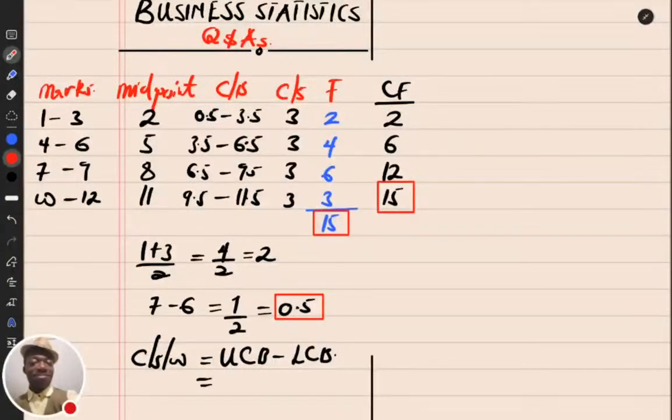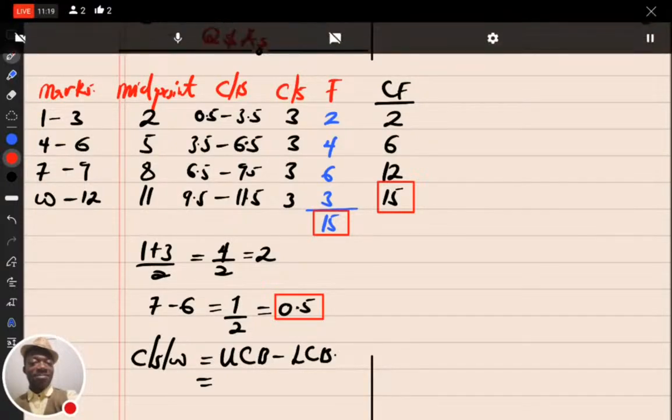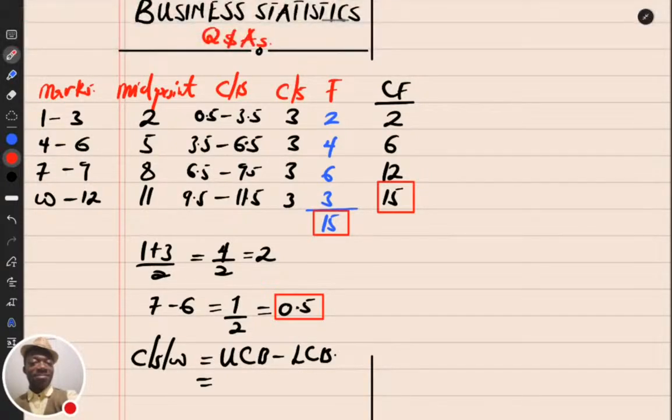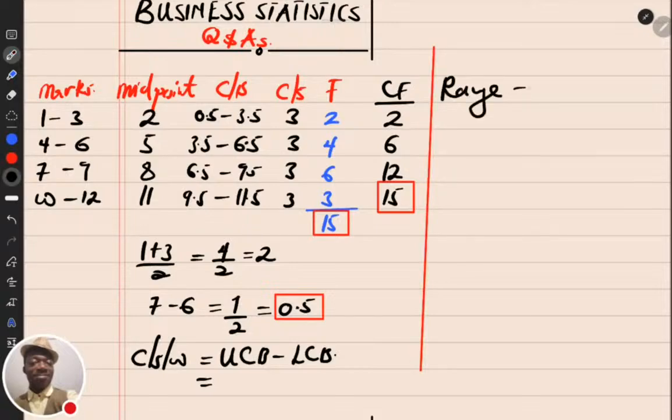And then we also want to look at how we calculate what we call the range of a data under the classification using Sturge's rule. So how do you calculate the range of a data? Range should be equal to the highest value compared with the lowest value.